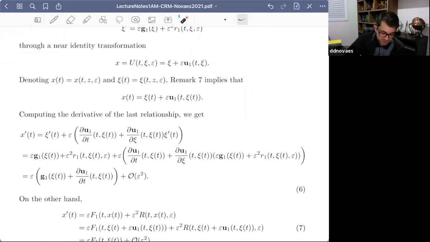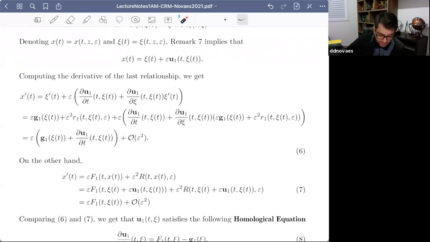So this is equal to epsilon multiplied by g1(c(t)) plus the derivative of u1 with respect to the first variable evaluated at t, kc(t). We have several other terms here, but all of them have powers of epsilon squared or higher.